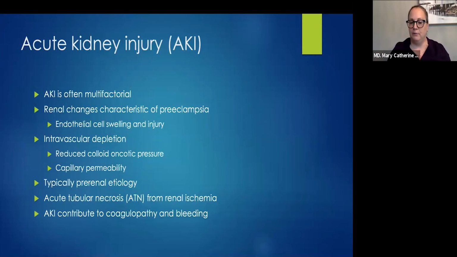The kidney injury that we see in preeclampsia is typically a pre-renal etiology, and that can be determined by calculating things like fractional excretion of sodium. It could also be acute tubular necrosis from renal ischemia.